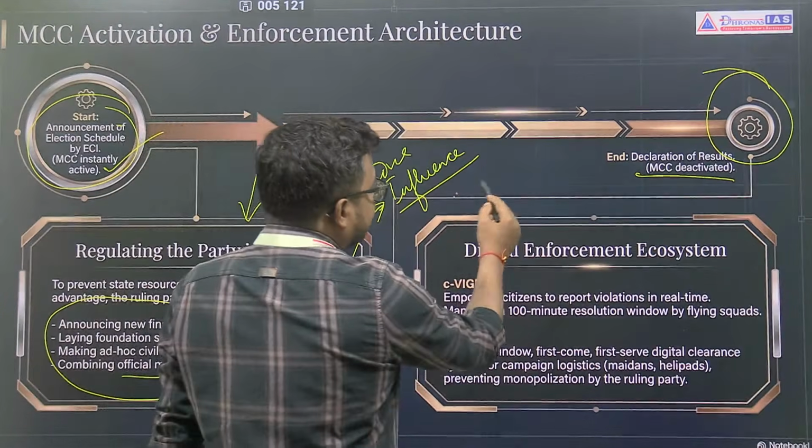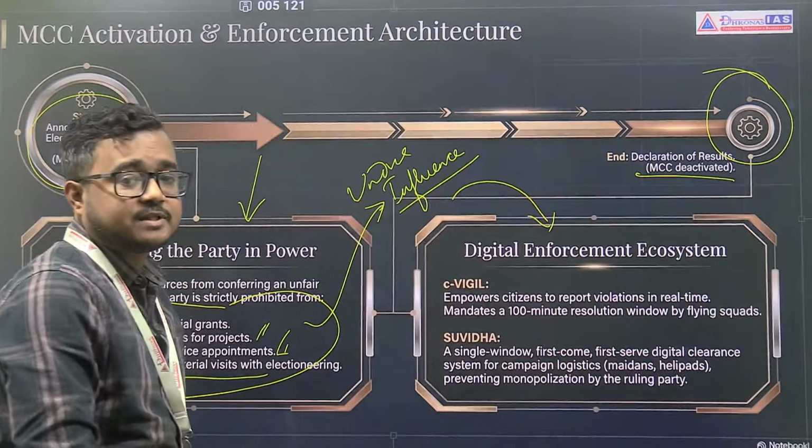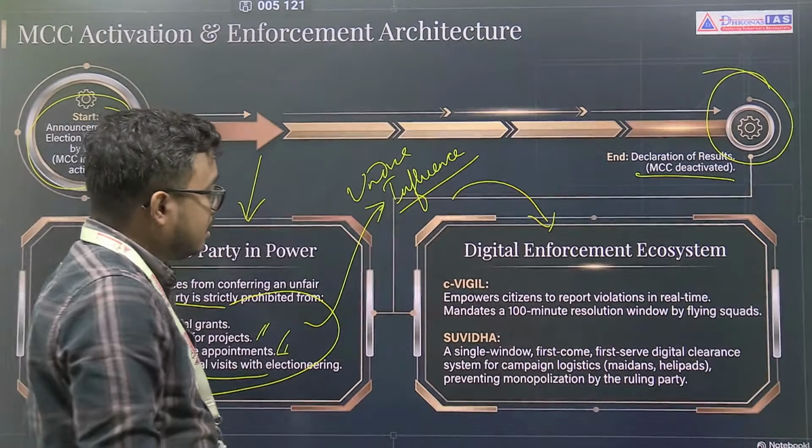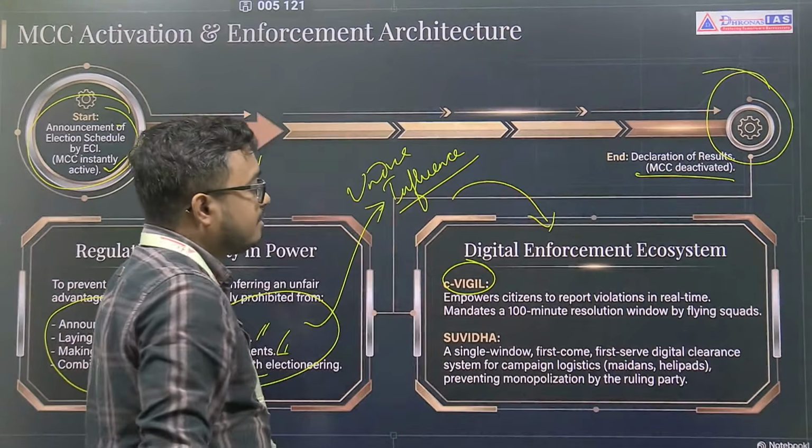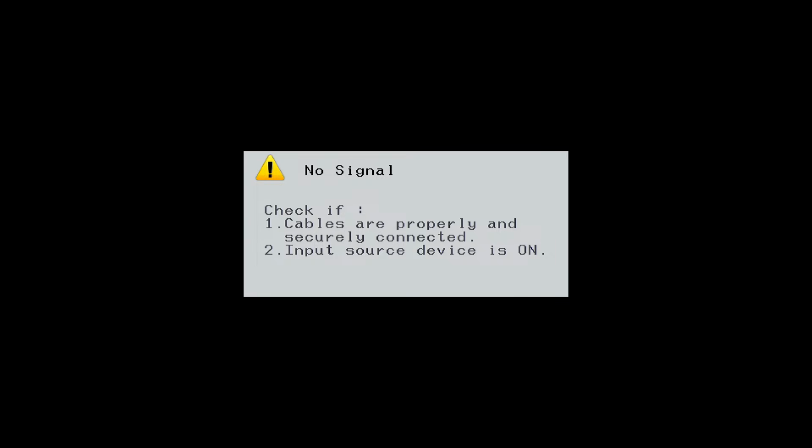We also have certain digital enforcement systems. One is cVIGIL and one is Suvidha. These portals empower citizens to report violations, or provide digital clearance for campaign logistics.